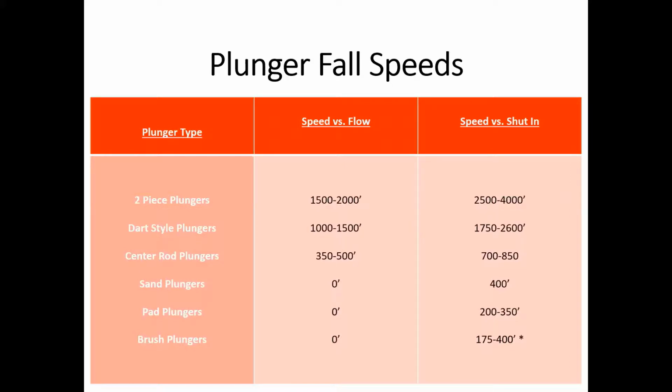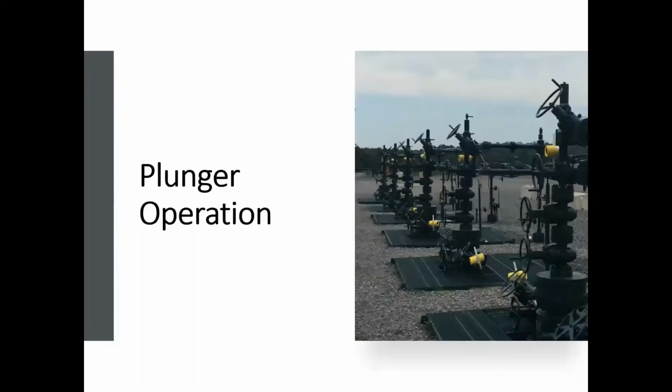And when the well is shut in, they'll fall faster because they're not falling against flow. But conventional plungers like a sand plunger, pad plunger, or brush plunger will not fall against flow. So when the well is selling, they are coming up or staying up in the lubricator. They will not fall if the well is turned back on.